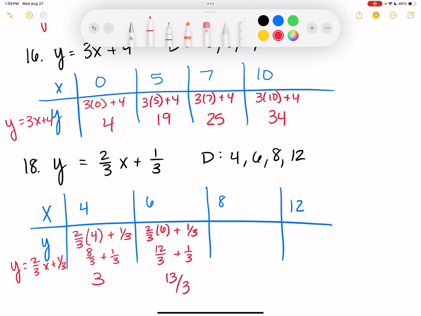And you can leave your fractions improper if they don't simplify all the way down.